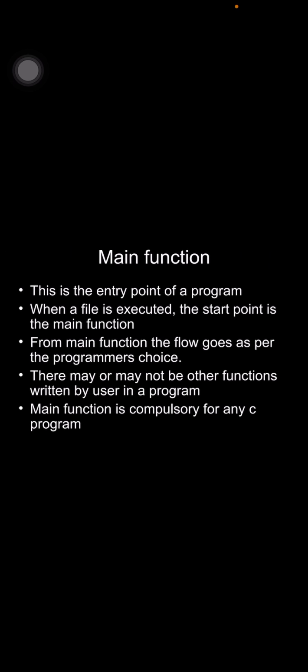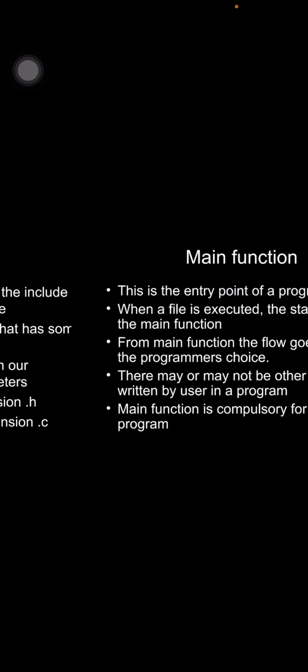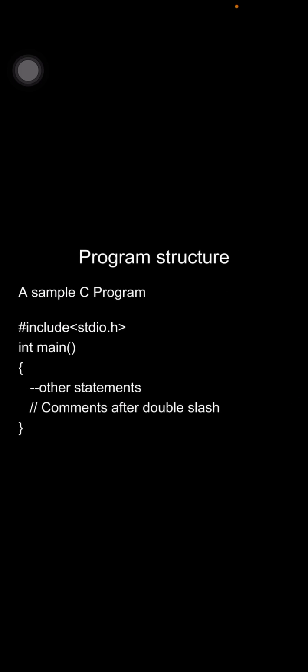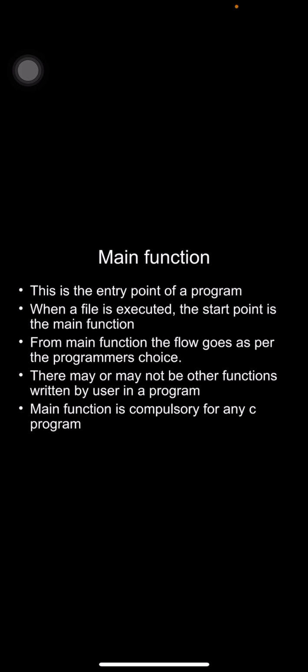Then after that comes the main function. As we have seen in this example, int main and round braces. After that curly brace starts, and at the end curly brace ends. This is called the main function and the body of the main. Here int is the return type of the main function. This is the entry point for the program execution.